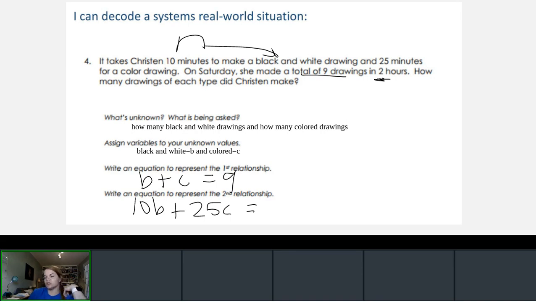So we can't change our time there. So we have to now convert hours to minutes. So we know there's 60 minutes in an hour, and we did it for 2 hours. So now we're going to have 120. So that's going to have to equal 120. And again, I would solve this by doing substitution.